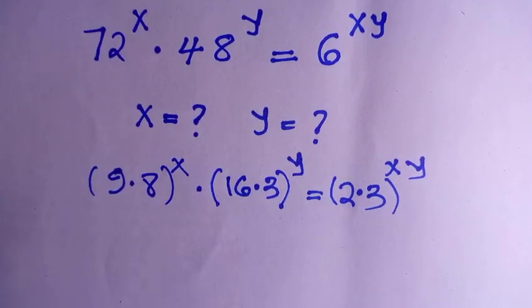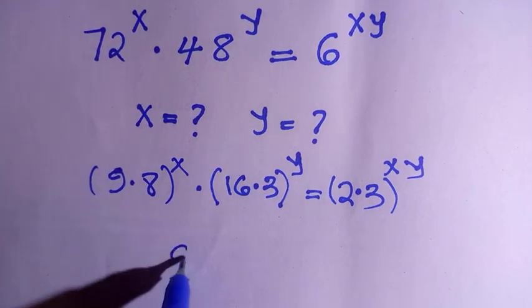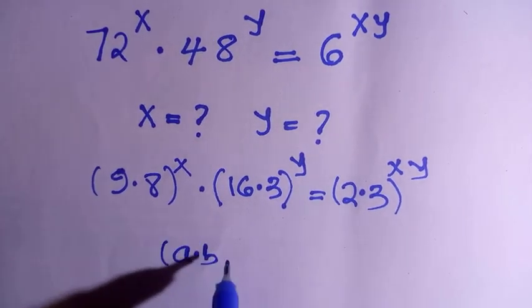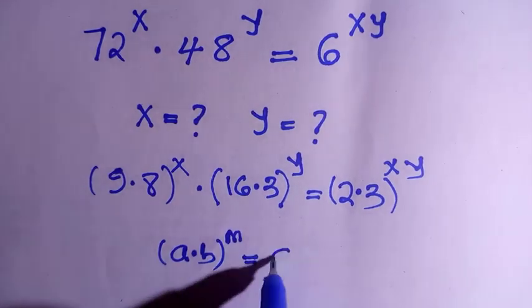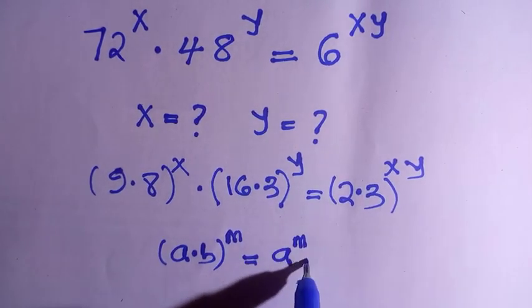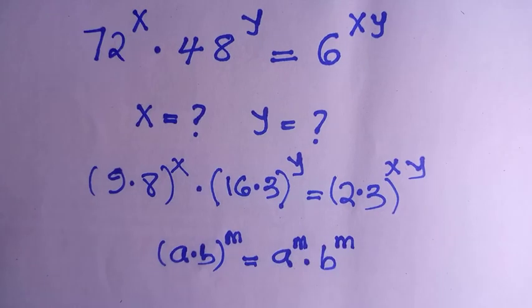And if we consider the rules of indices, that says (a times b) raised to the power m equals a raised to the power m times b raised to the power m.